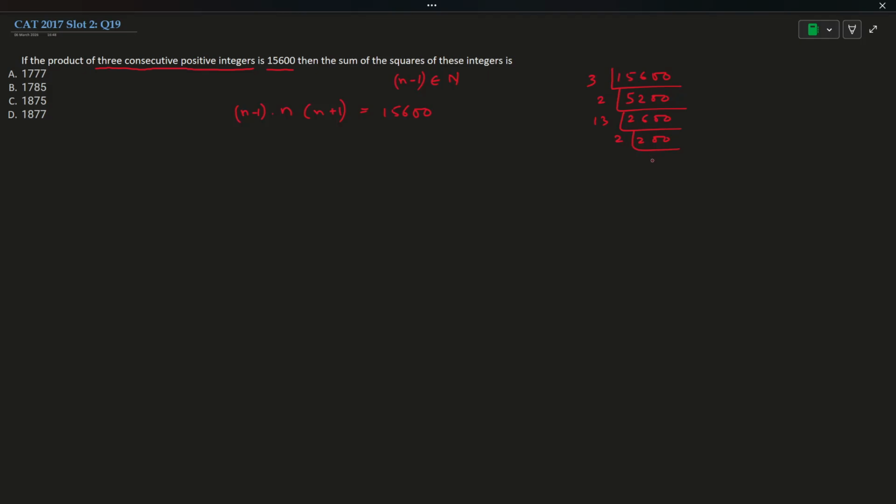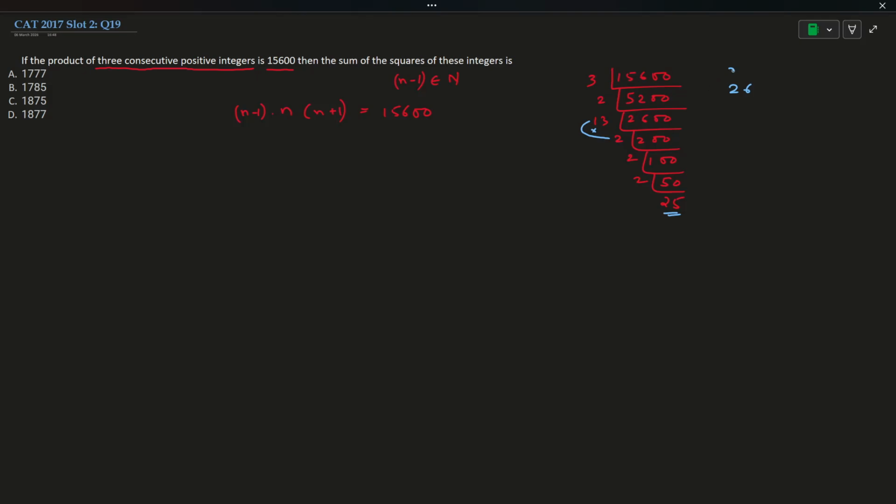100 can be written as 2 into 50, and 50 can be written as 2 into 25. If I look at this, very interesting, guys. No need to further do it. 13 and 2, multiply 13 and 2, what do you get? 26. I have a 25.